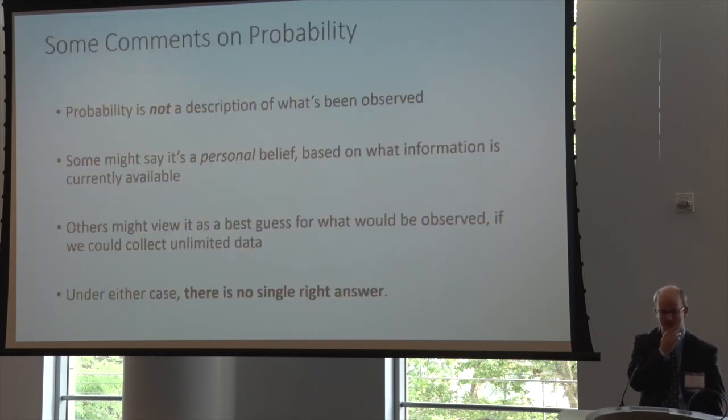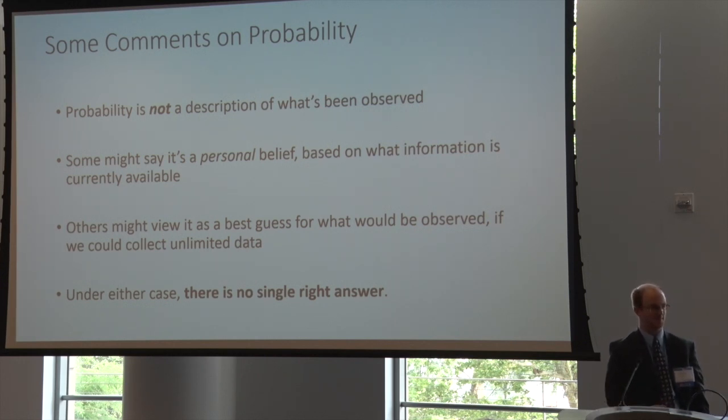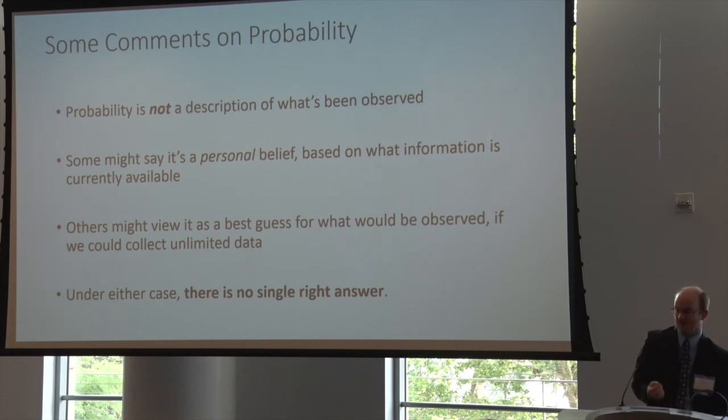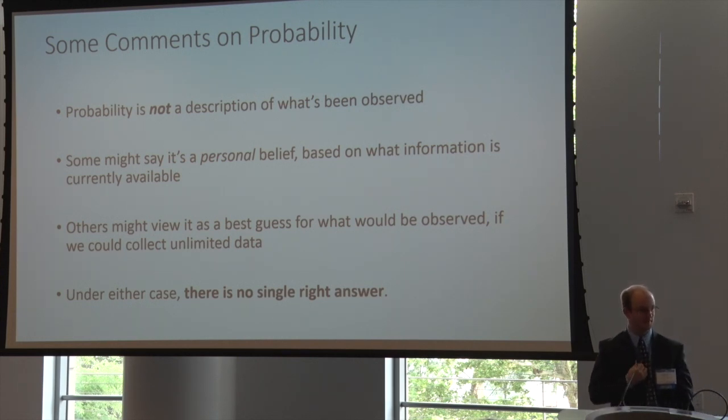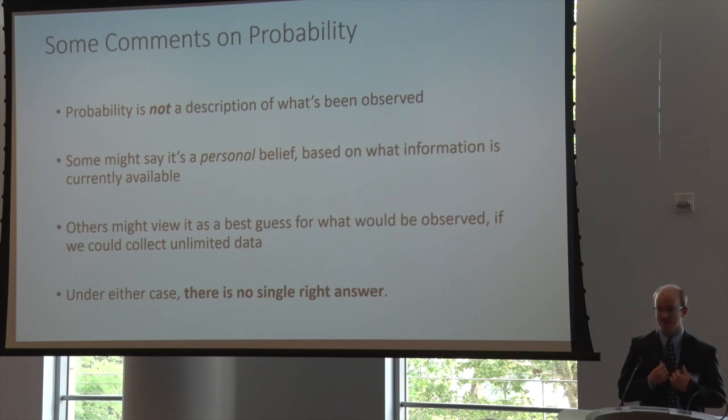So some comments on probability. Hopefully one thing that's been conveyed is that probability is not a description of what's been observed. You're reaching beyond what has been observed. Some might say that a probability is representative of a personal belief based on the information available to them, so their personal best guess. Others might view it as a characterization for where we would arrive at if we could collect unlimited data.